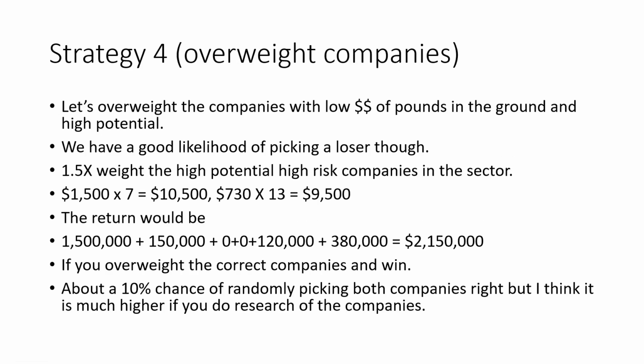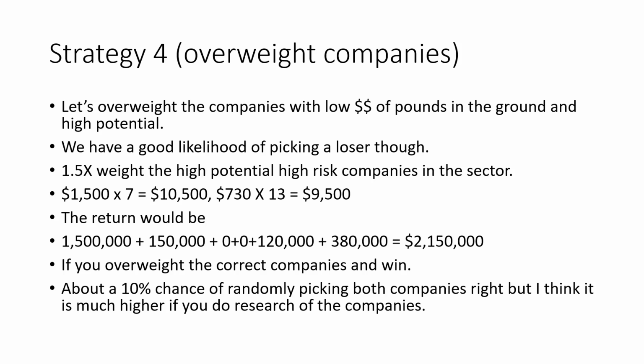So that's what we did. We did our work to see which ones could potentially be big winners. We put the $1,500 in 7 of them. That's $10,500 of investment, and then we put $730 in the rest of the 13. That's $9,500. The return would be $1.5 million plus $150,000 plus 0 because those are our zeros, plus $120,000 plus $380,000, which is $2.15 million.